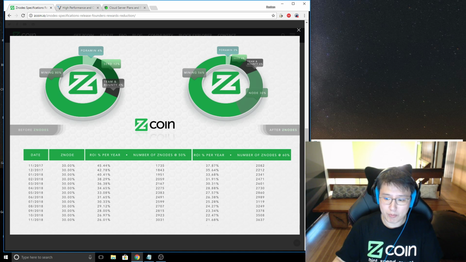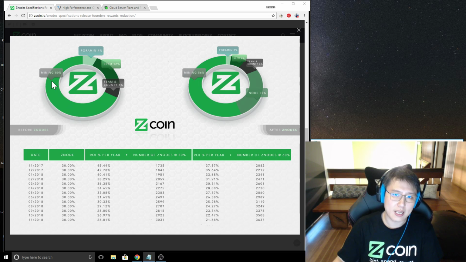That's really important. Now, you guys are probably wondering, where is this money coming from? This chart illustrates how the block reward was divided before Znodes and how it will look after Znodes.